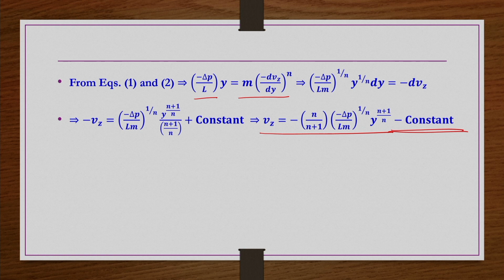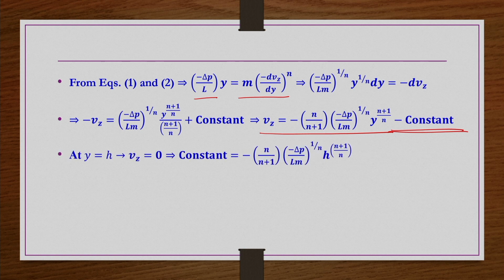We can apply y equals 0, vz equals v max, or y equals plus h, vz equals 0. What v max, or vz max, is we do not know. So, it is better to apply a boundary condition where you have a fixed known value. That is at y equals plus h, where vz equals 0.